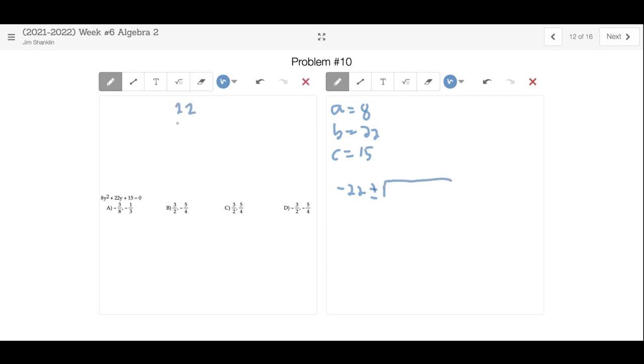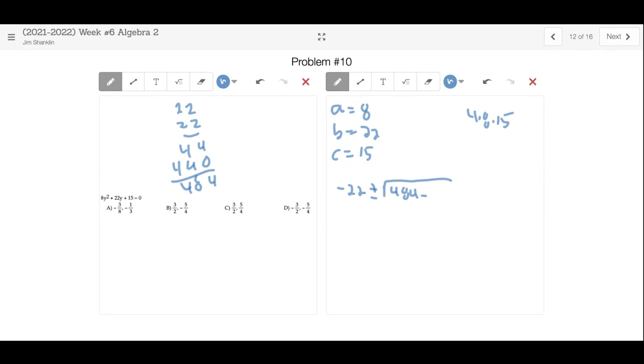I don't know what 22 squared is, so I'm going to multiply it out. That's a lot of 4s. 484, I think, minus 4 times a times c.